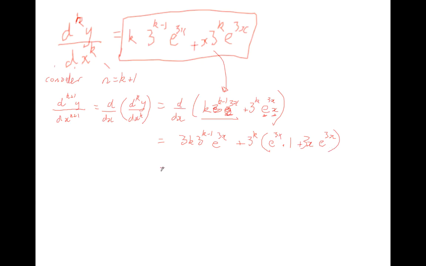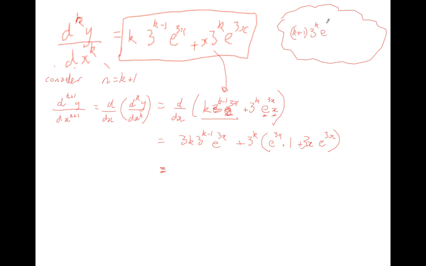Okay, so we could be playing around with this algebra for quite some time, but we need to know what the end goal is. And I think the end goal, if we write it up here, was to have this thing here. So this is n 3 to the n minus 1. So if n is k plus 1, we'll have k plus 1 is what we're aiming for. 3 to the k plus 1 minus 1, so that's 3 to the k.